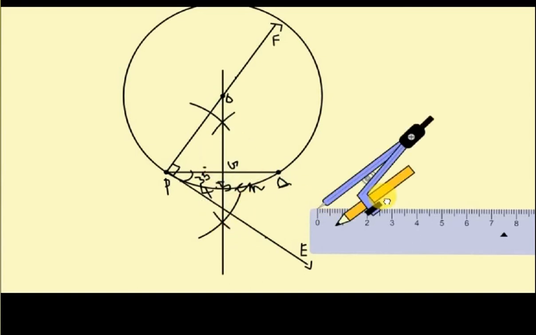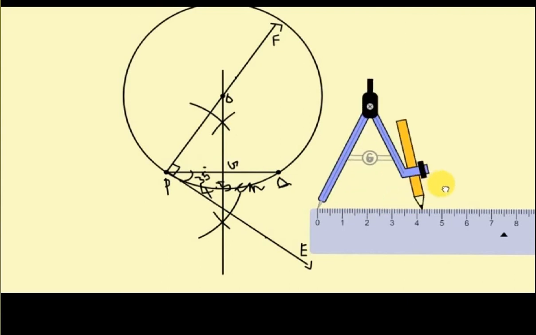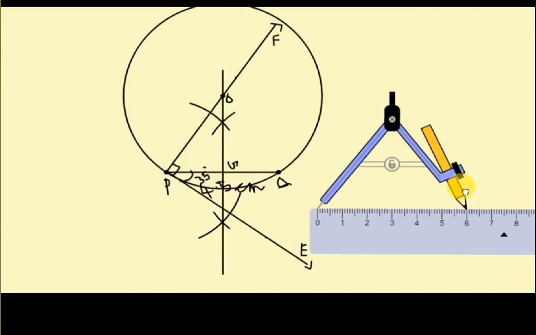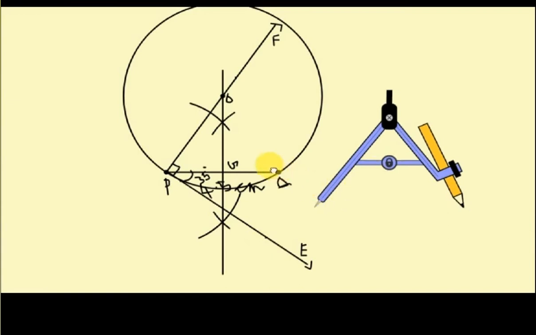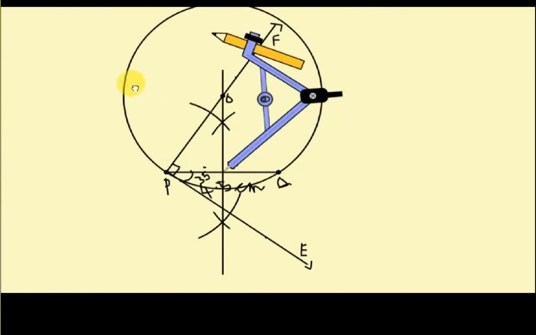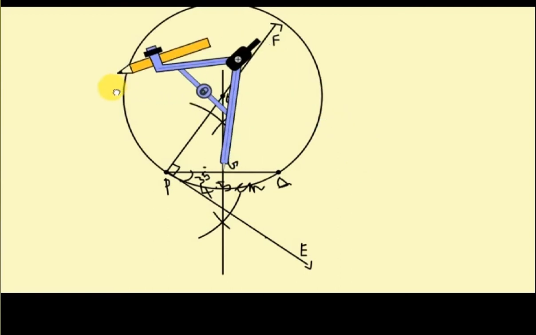Now you place your compass on point G, and by placing it on G we are going to cut an arc on the circle.